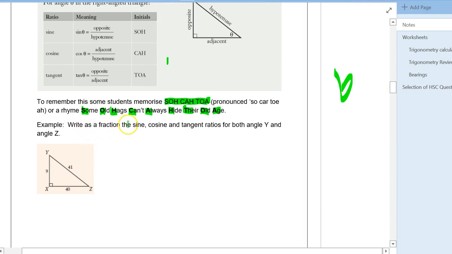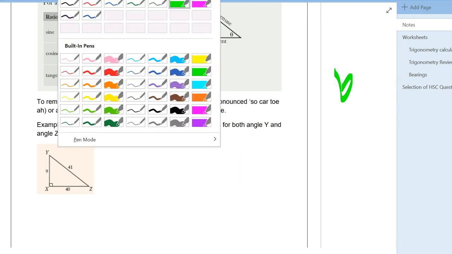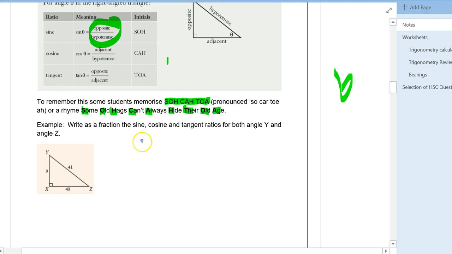It says write the fraction for sine, cosine and tangent, because it is a fraction, for both y and x. So if I look at sine y, this is the opposite, this is the adjacent, and this is the hypotenuse, because the adjacent is next to, and the hypotenuse is always opposite the right angle.